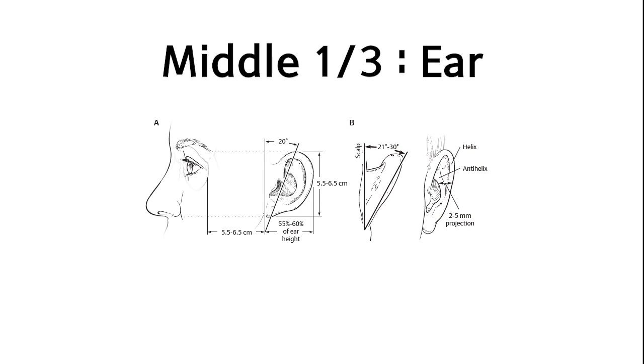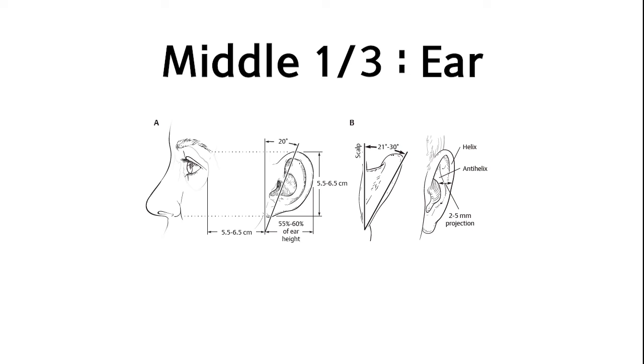Next is the ear. Normal ear aesthetics have these characteristics. The ear is positioned approximately 1 ear length posterior to the lateral orbital rim and centered in the middle toward the horizontal plane. The long axis inclines posteriorly around 20 degrees from the vertical line.